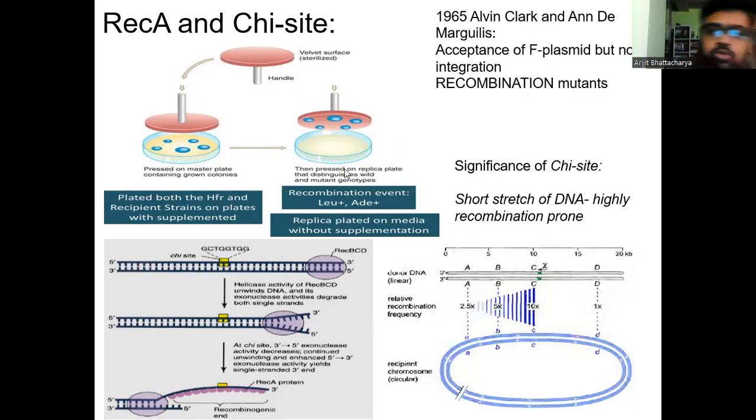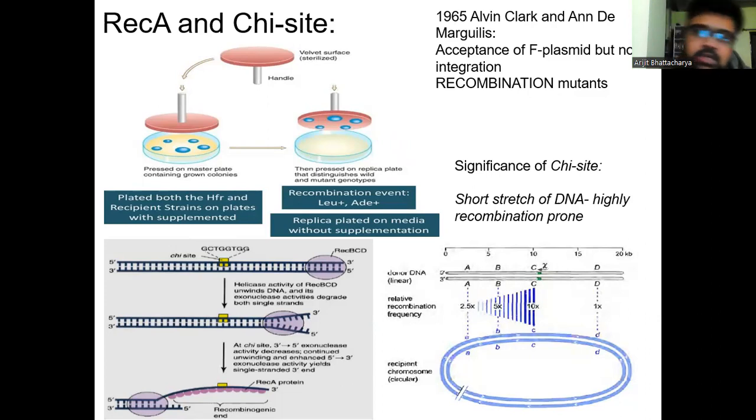So they should be able to grow on minimal media. But they found that when the same cross was done with some mutant recipient strain, there was no colony on minimal media.